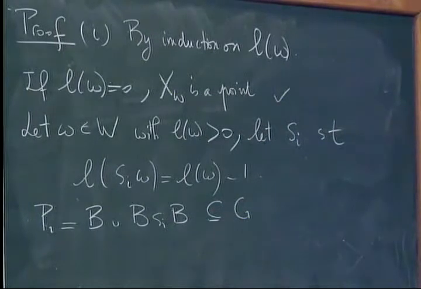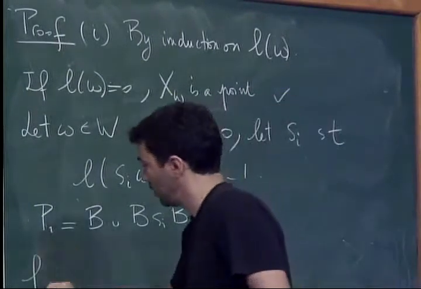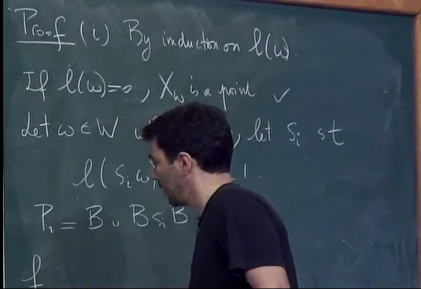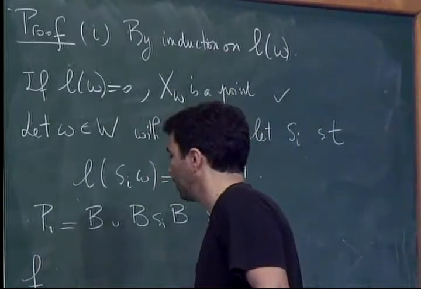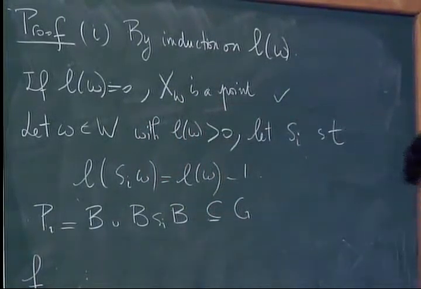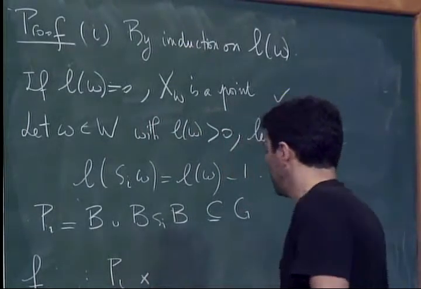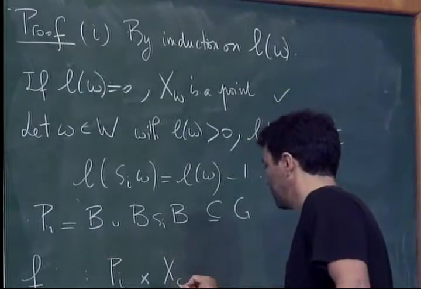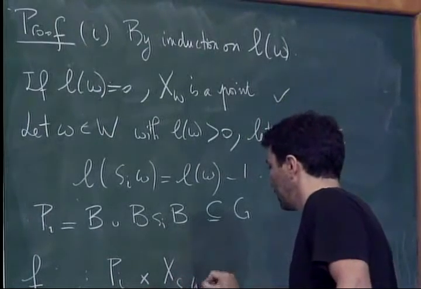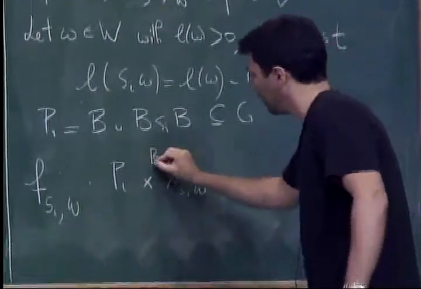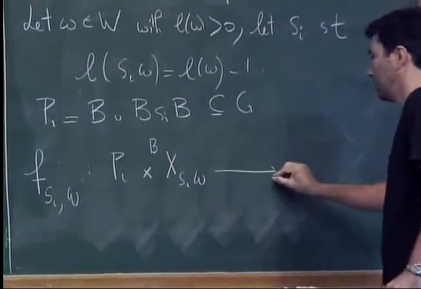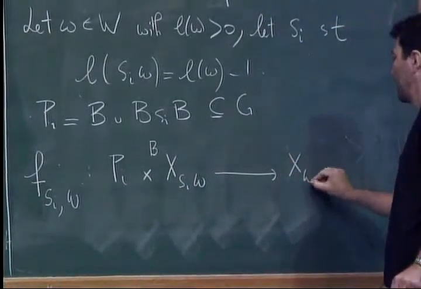So B union B Si B, and consider now the map F Si omega from Pi cross B X Si omega to X omega. I will explain the notation.